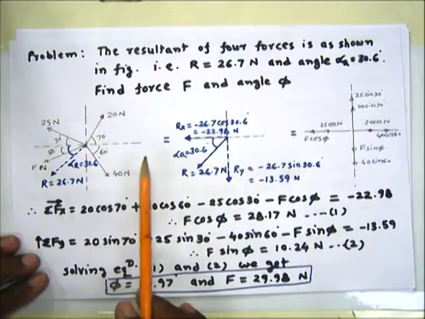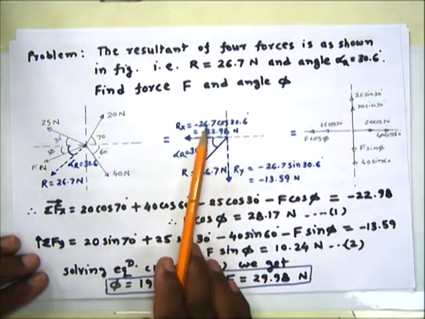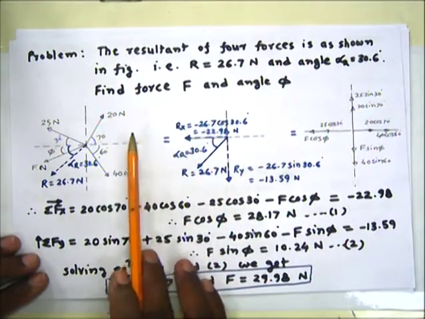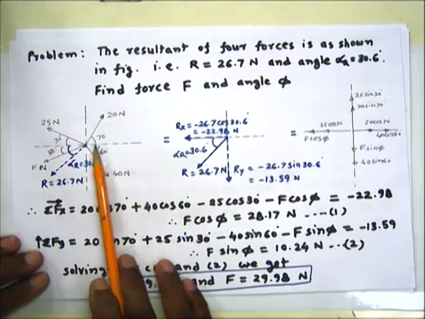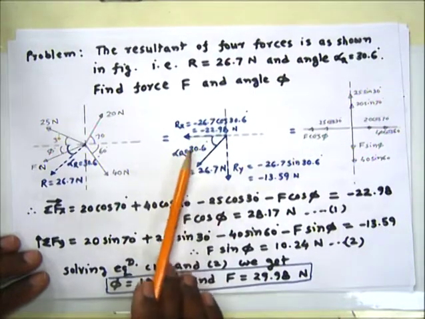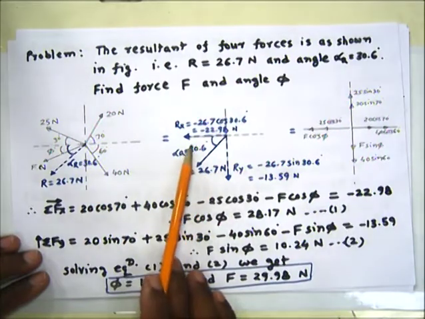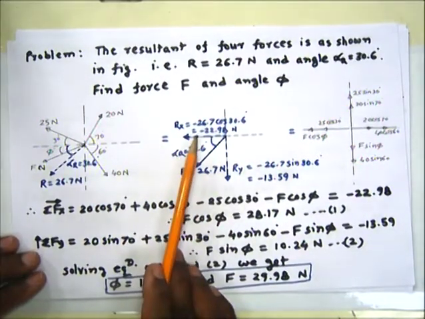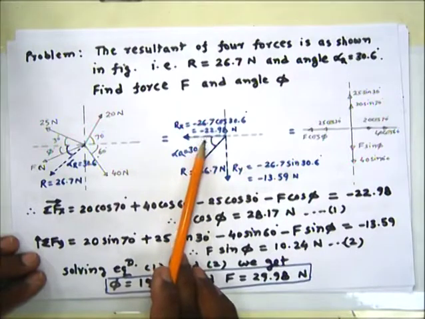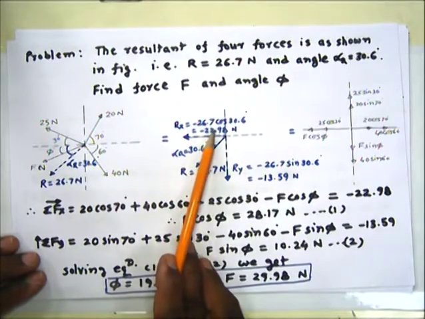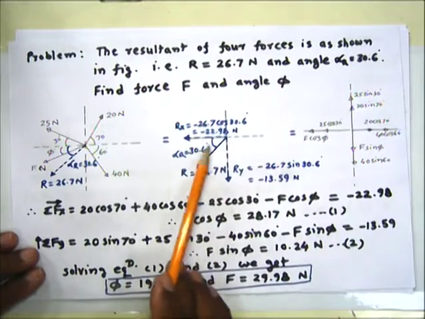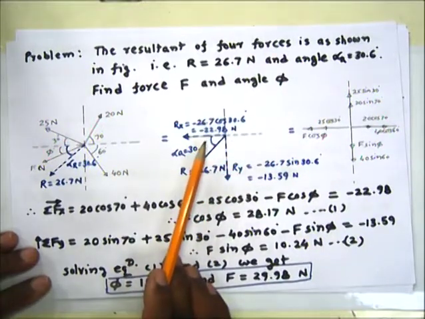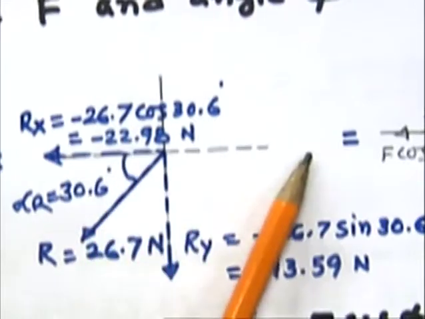To solve this problem, first of all we will find the resolved components of the resultant, because the resultant is already given and it is inclined with respect to the positive x-axis. The component of the resultant force along x, that is Rx, because it is in the x direction towards the left, is minus 26.7 cos 30.6, so that value is minus 22.98.